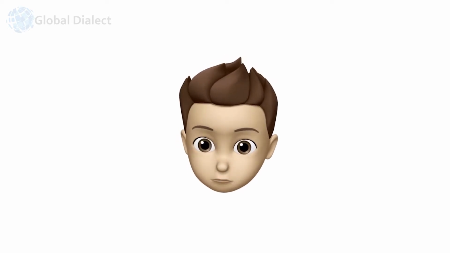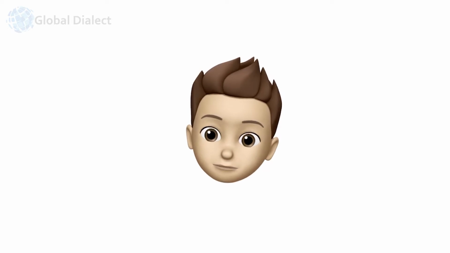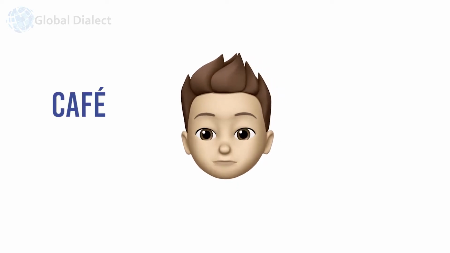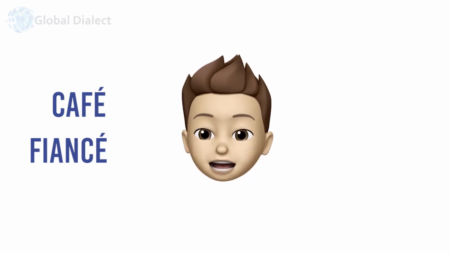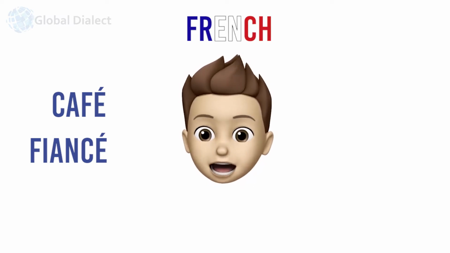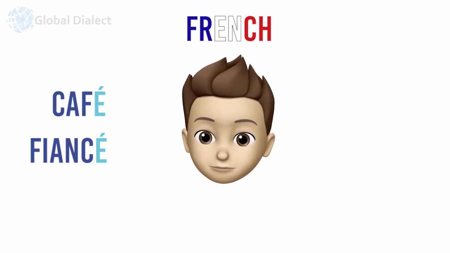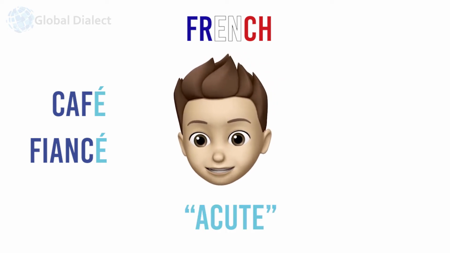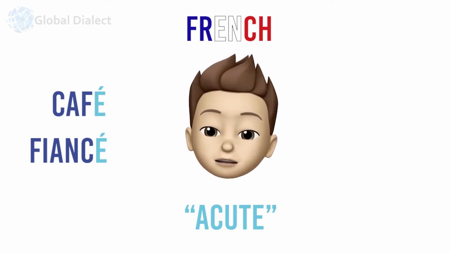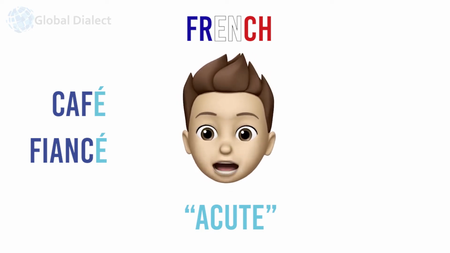So we'll see 2 words which we are very familiar with. The first one is café and the second one is fiancé. If you can see, these are 2 French words, and there's a dash on top of the e. That dash is basically called an acute. Now what this acute does is it changes the pronunciation of that particular letter.